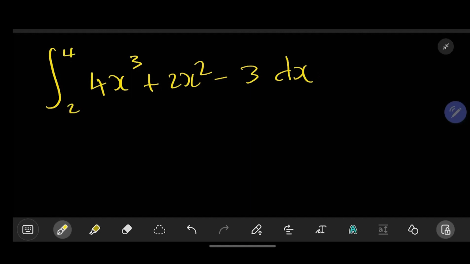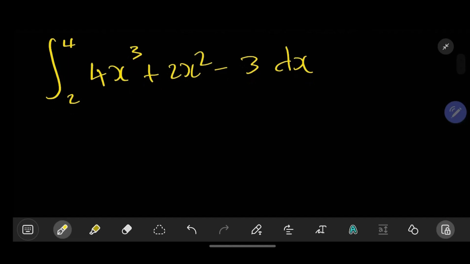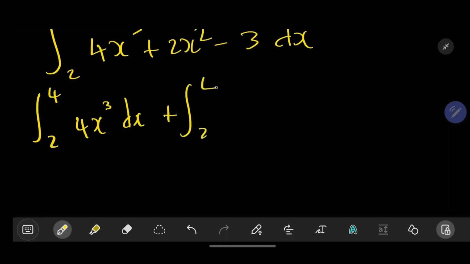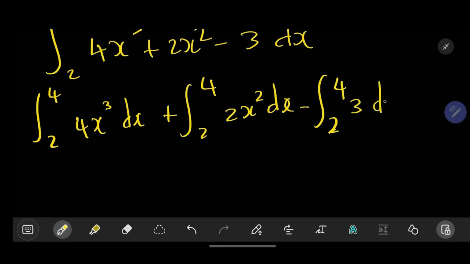Those are limits. We know already we can break this down with the sum and difference rule. So what would we do first? Find the integral from 2 to 4 of 4x cubed dx, plus the integral from 2 to 4 of 2x squared dx, minus the integral from 2 to 4 of 3 dx.